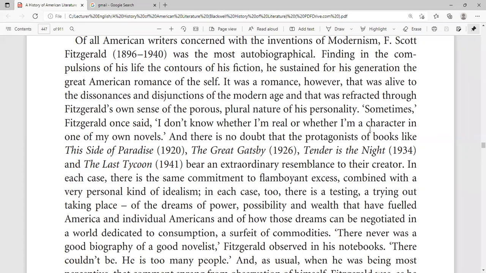Protagonists of Scott Fitzgerald novels like This Side of Paradise, The Great Gatsby, Tender is the Night, and The Last Tycoon bear an extraordinary resemblance to their creator, the writer himself, I mean Scott Fitzgerald.